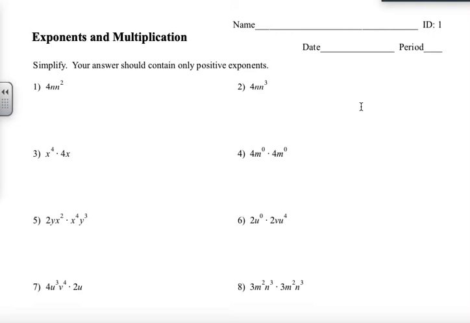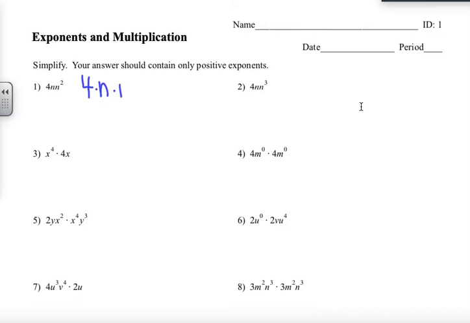So we are going to be simplifying these expressions using the two rules we just learned. The two rules we just learned are if you have the same base and you're multiplying those numbers, you add the exponents to simplify. And also, anything raised to the power of 0 will equal 1. So in number 1, we have here 4 times n squared.